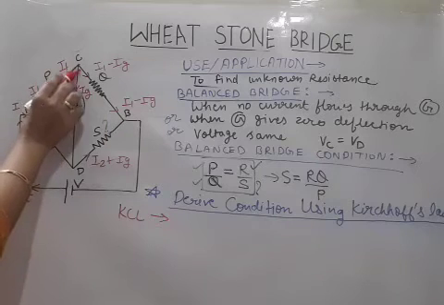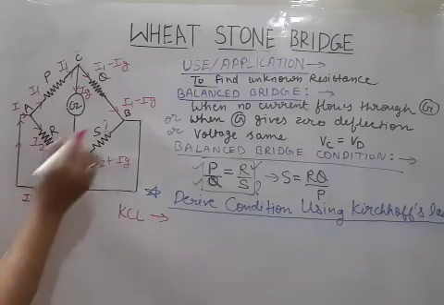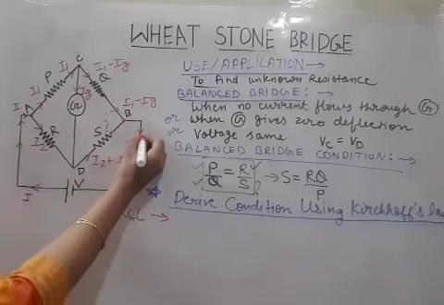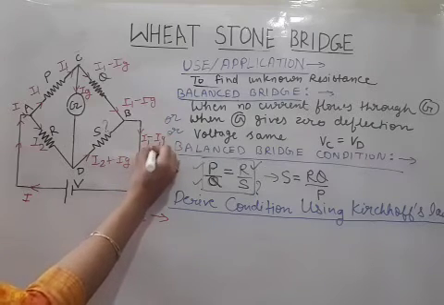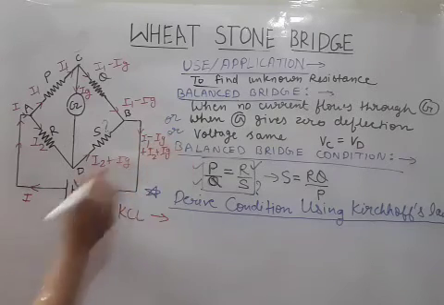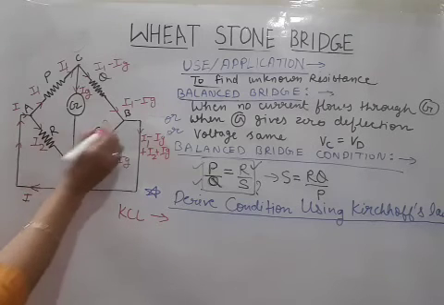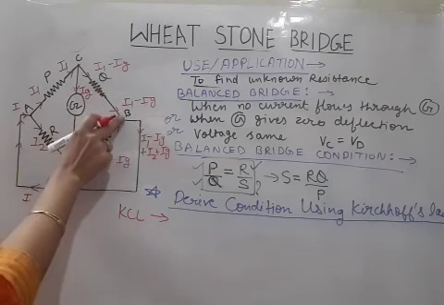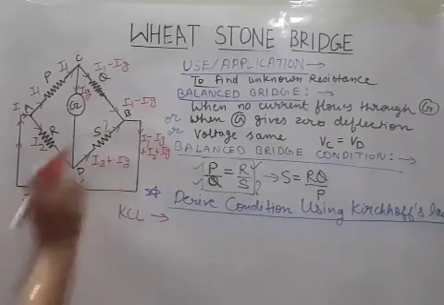After that, I1 minus Ig and I2 plus Ig, two currents come at point B. So how much current will it be? It will be I1 minus Ig plus I2 plus Ig. Total current is the first current and the second current added.